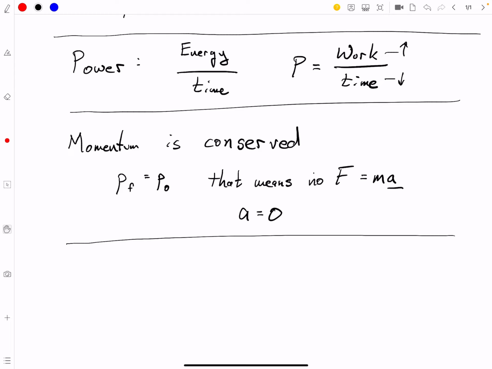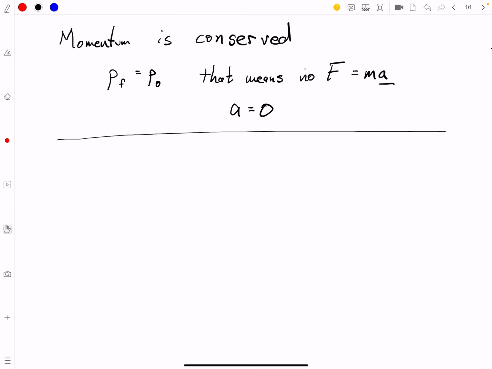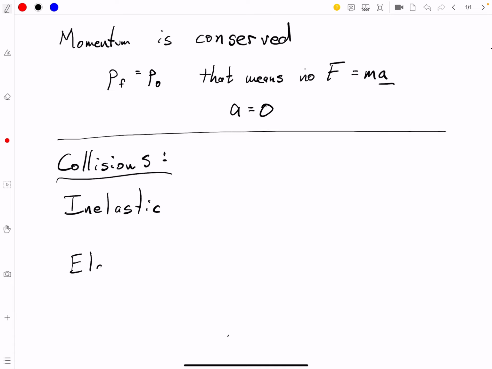Along with momentum, we have collisions. We have inelastic and elastic collisions.